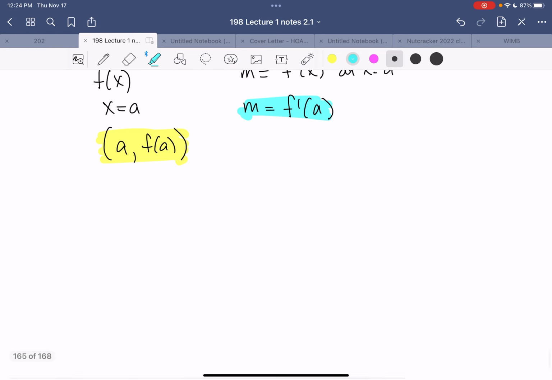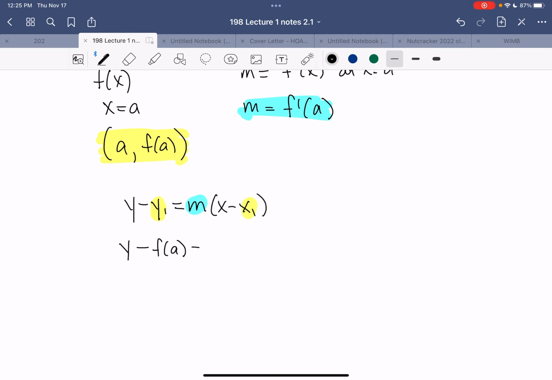And now I have the two pieces that I need. So if we use our point slope form again, you have y minus y1 equals m times x minus x1. And we're going to plug our point in. Our f of a goes in for y1. And our a goes into x1. And then our slope goes in here. Okay, so that means we're going to have y minus, the y value is f of a.